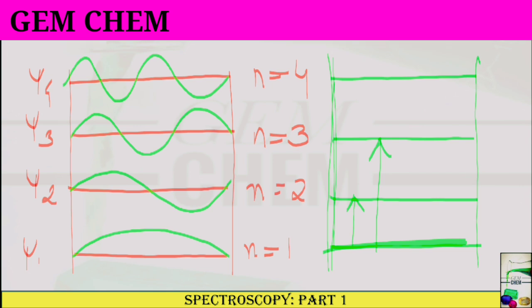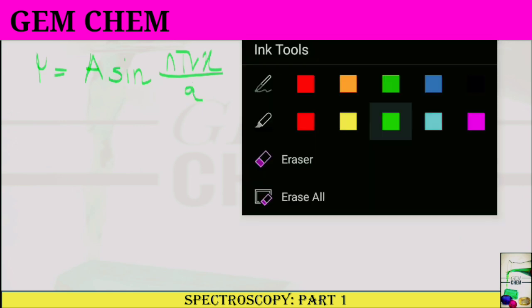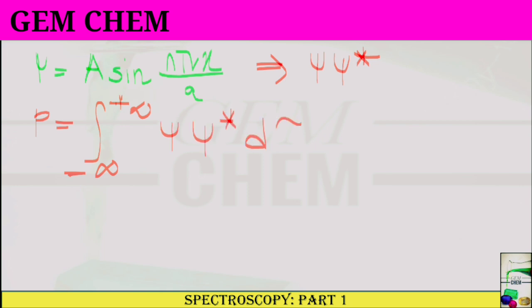Now if we talk about probability, we have already seen xi equals a sine n pi x by a, right? Now probability we have already seen, it is xi into xi star. The xi star is the complex conjugate of your xi. So probability can be written as integration from minus infinity to plus infinity, xi into xi star d tau.